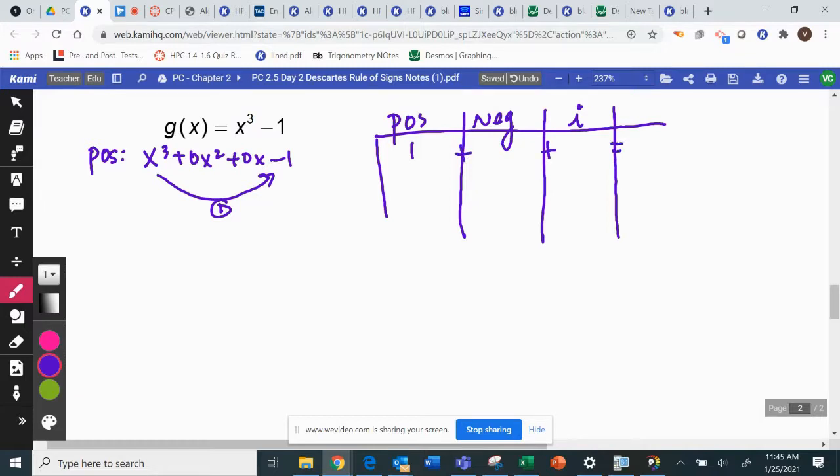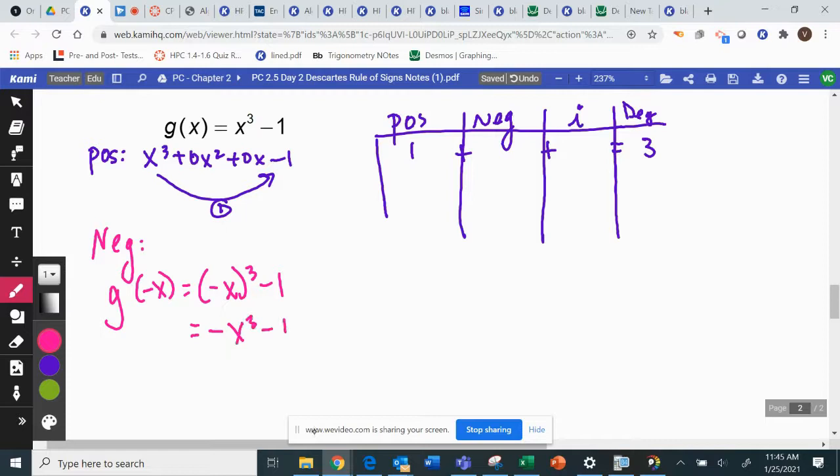And when we add them all up, what is the degree for this one? What does it have to equal? 3. Okay. So now we're going to do our negatives. To do the negatives, we do g of negative x. So we take all of our x's and we change them into negative x. And then I just need to simplify. Negative x cubed is negative x cubed.